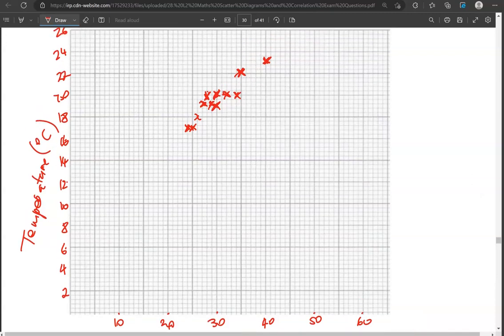So we've got all of the points plotted. Now we're going to draw the line of best fit.